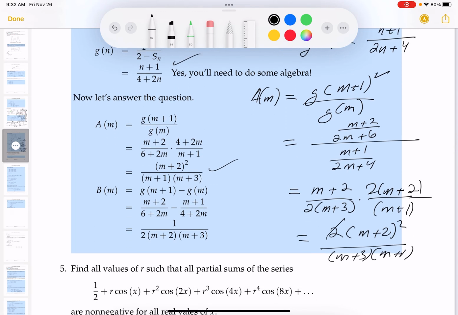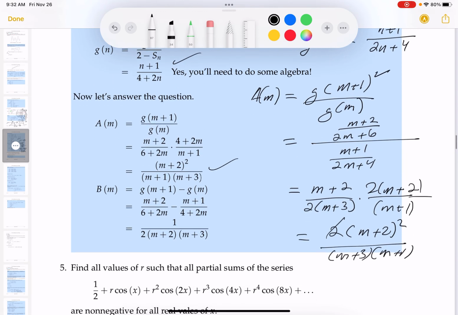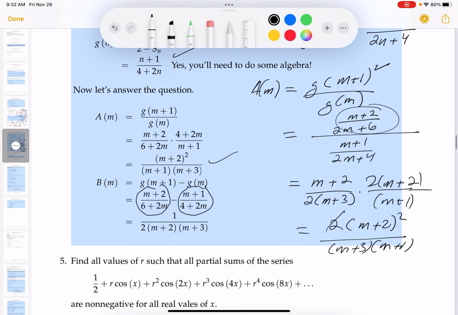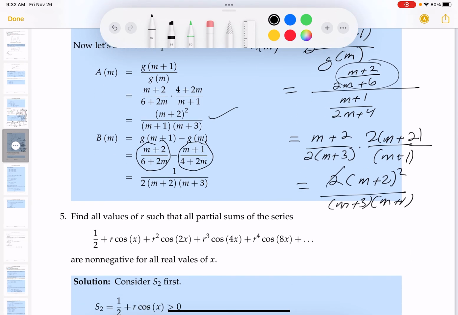It's a subtraction. Again, we've already done this one over here, and we've done this one over here. And that's going to be in a subtraction problem. I don't think I need to go through that. You can do that. All right?